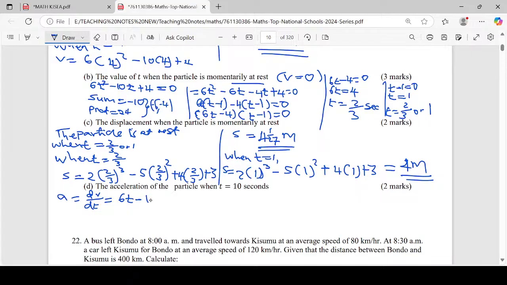Now, when t is equal to 10, acceleration will be equal to 6 into 10 minus 10. That is 60 minus 10, which gives me 50 meters per square second.